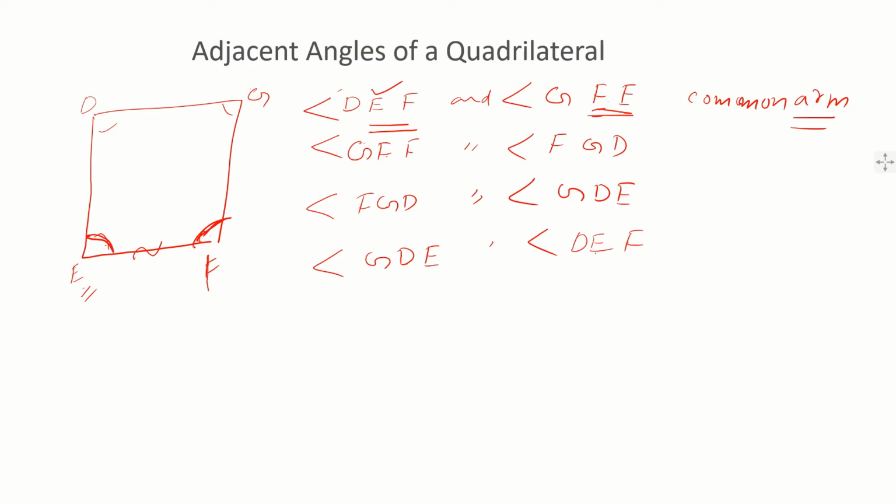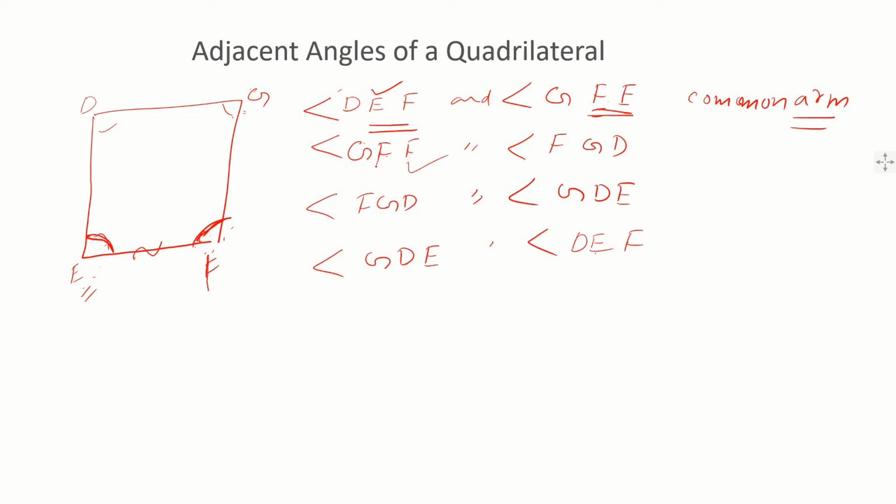Here if you see EF and FG. When I named this angle, I named it as EFG, correct? EFG. And then I named FGD, this one.